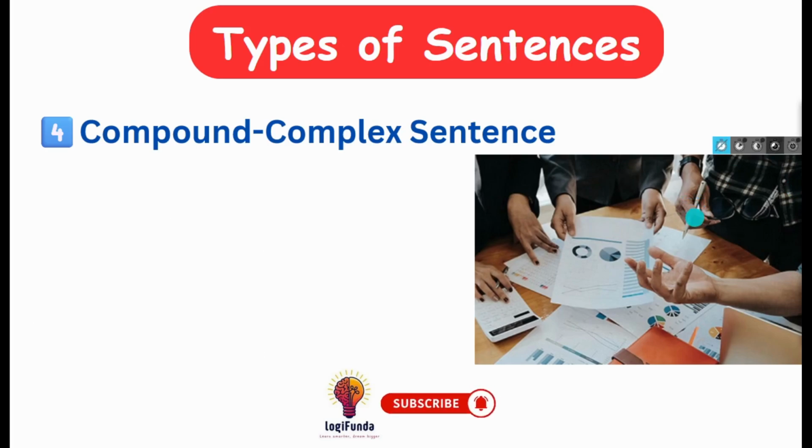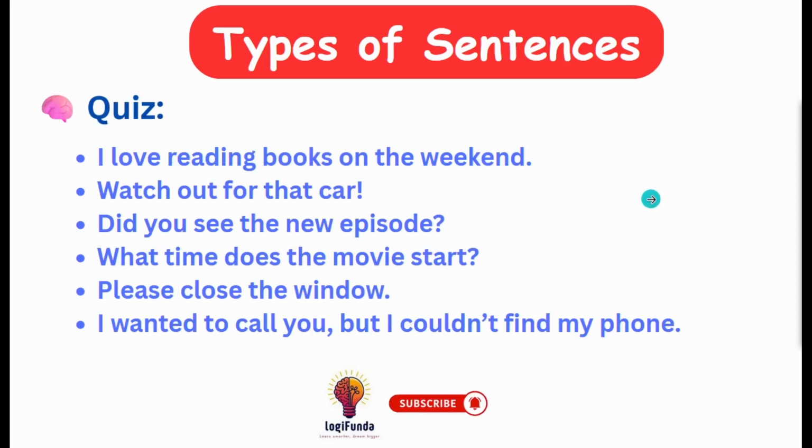Okay, so now I have a small exercise for you to check whether you have understood the various types of sentences or not. So let's jump into the exercise and have a look at all the sentences that I have put in here, and identify the different types of sentences that are written here.